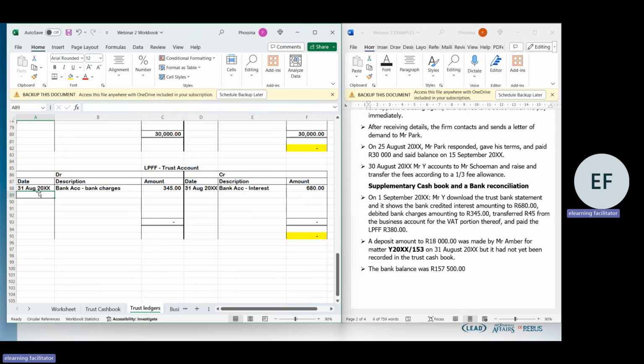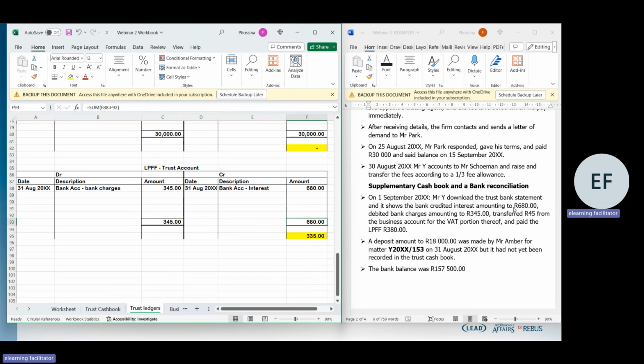The fund says the firm is supposed to claim the VAT. So the VAT portion of the bank charges is supposed to be claimed by the firm from SARS. So what will happen? The fund expects the firm to refund the trust account, and with them, it is the amount net of bank charges that they will allow as a deduction.